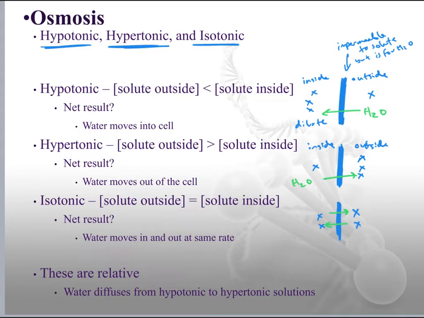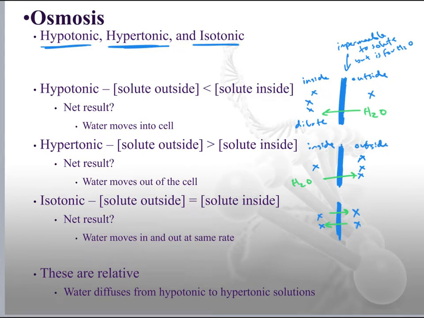If you can imagine water moving into the cell and trying to dilute this down, that's going to cause the cell to get bigger as all this water rushes in to try to dilute down some of this solute.